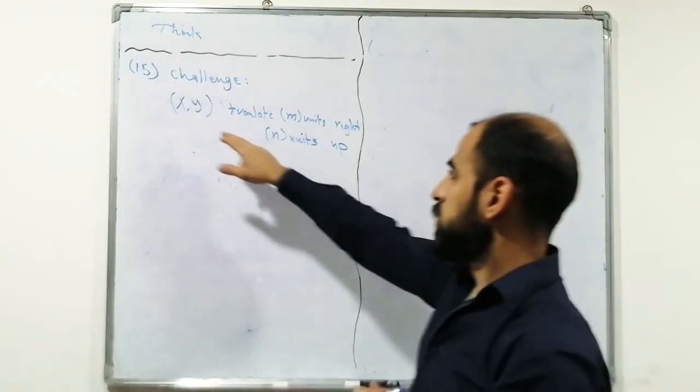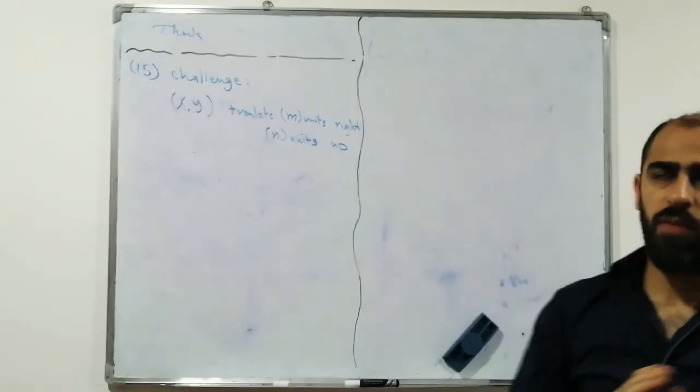We have to find the translation of the point xy, which is a general point.